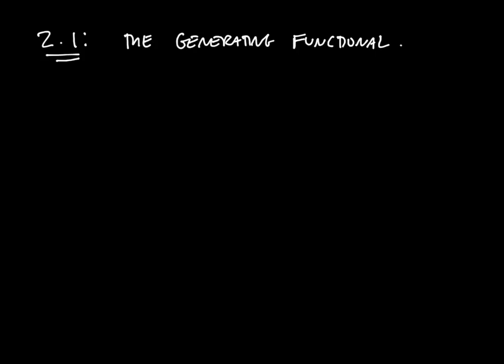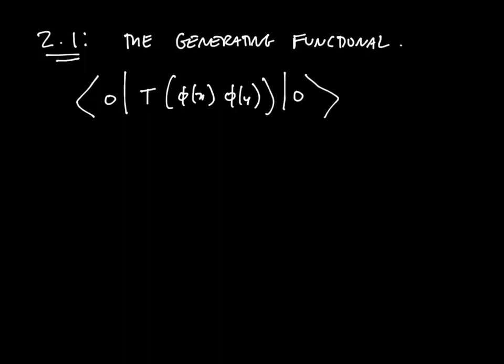So next up, let's do a calculation. I'm going to try to develop some of the machinery here. Let's calculate the 2-point function. And we'll do that by digging a little bit into this generating functional. So what I want to do is calculate the time-ordered correlation function of phi(x), phi(y), using path integrals.